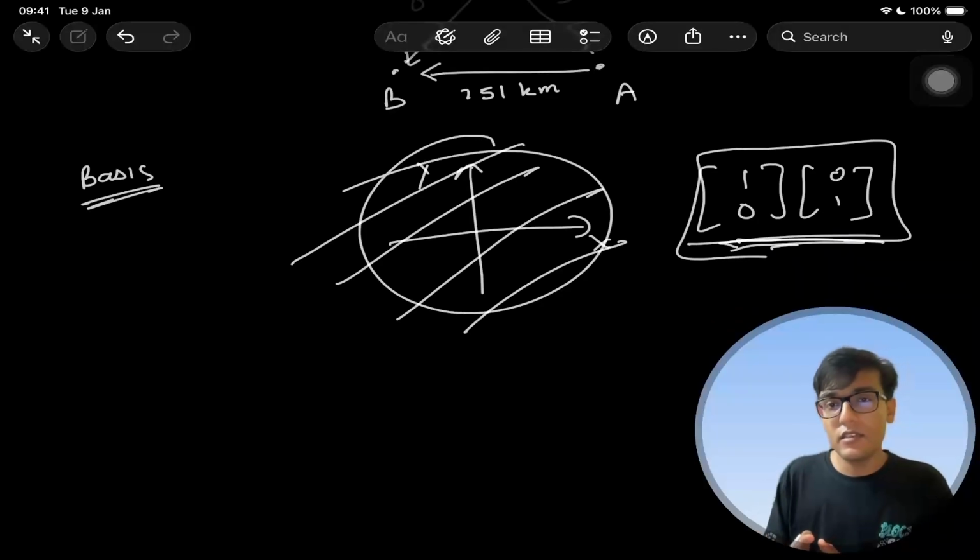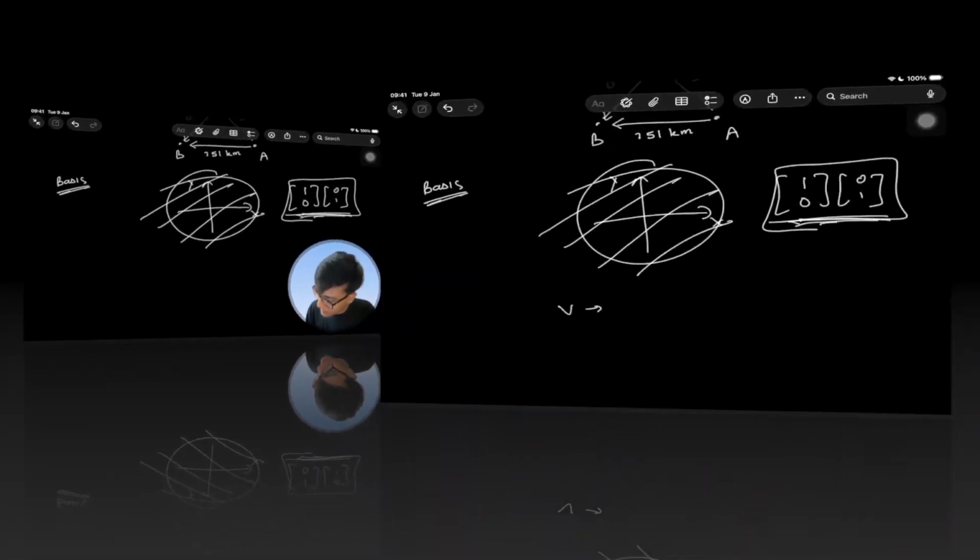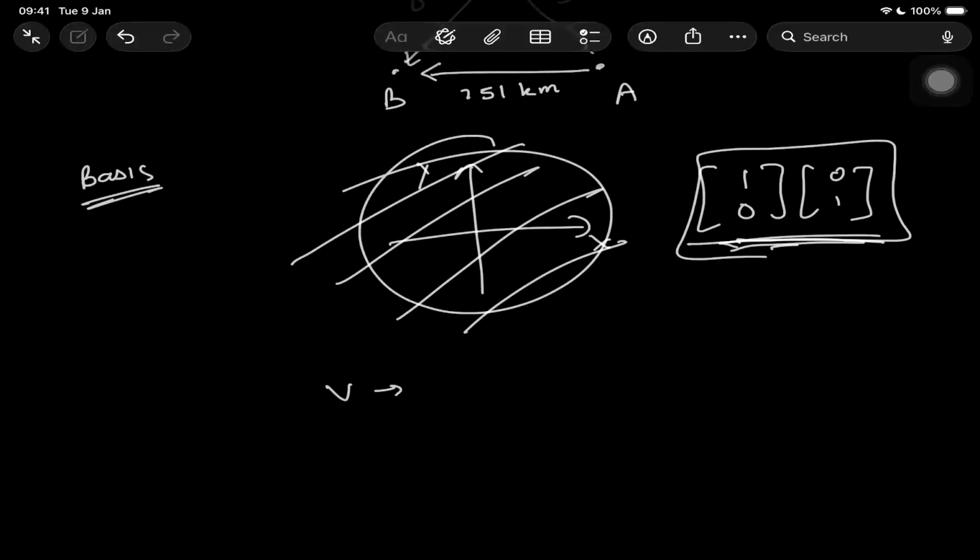Now if we have to call something a linear combination, suppose we have V, which is a vector space, right?